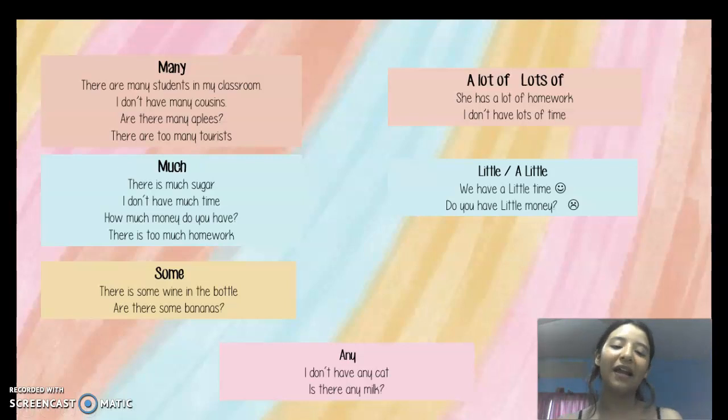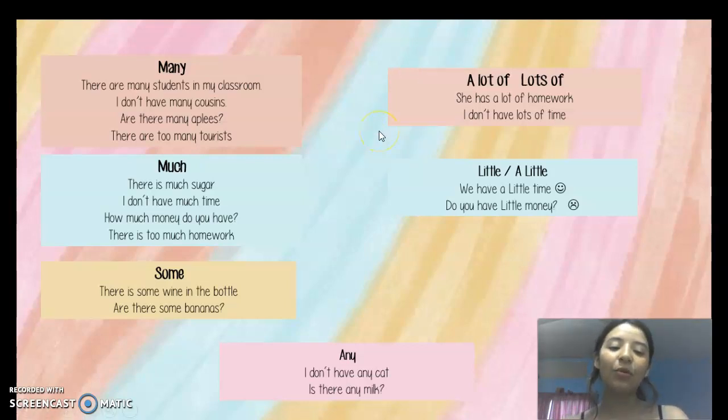Now, little and a little. Little and a little mean a small quantity. We use these with uncountable and singular nouns, and the difference between little and a little is that a little is a small quantity, but I feel okay with this, and little is a small quantity, but I feel bad with this.